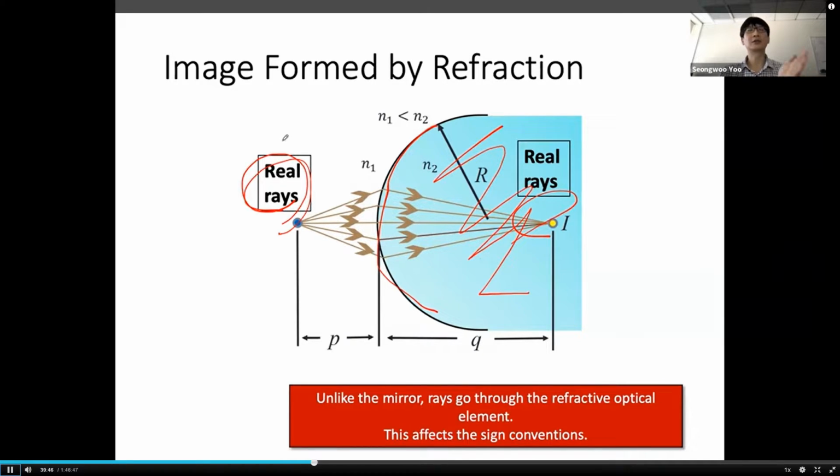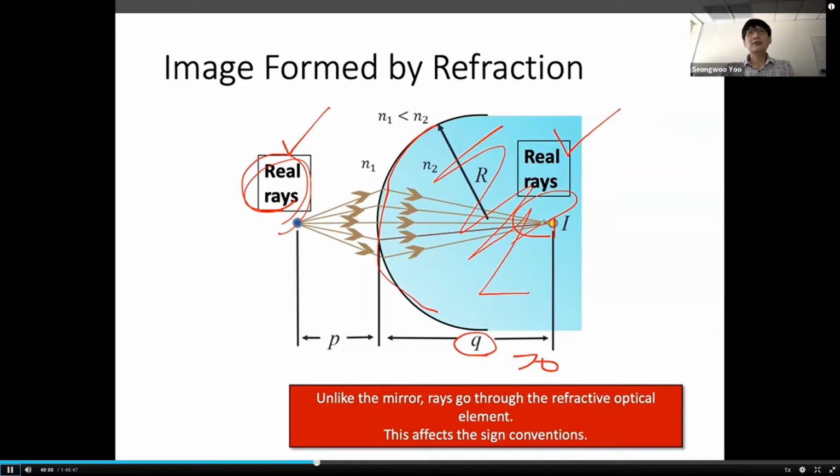So we have the real ray in front of the curvature and then behind the curvature. Therefore, our q is going to be positive if the image is formed behind the curvature, because this q is measured following the real rays.